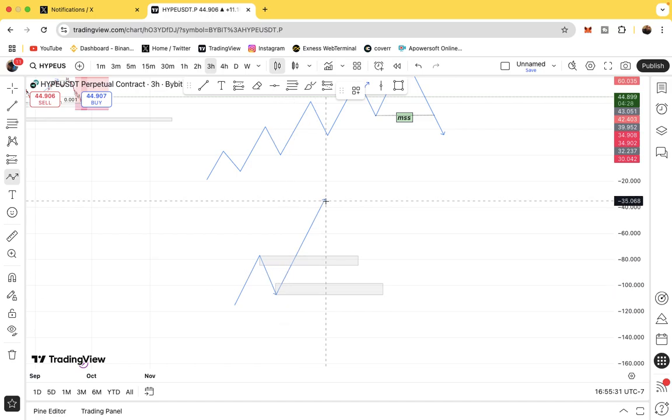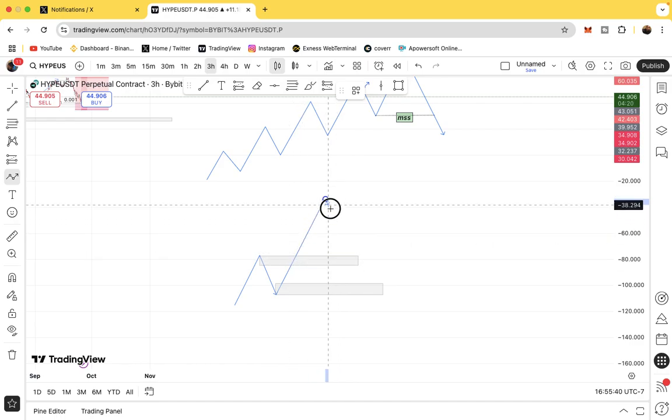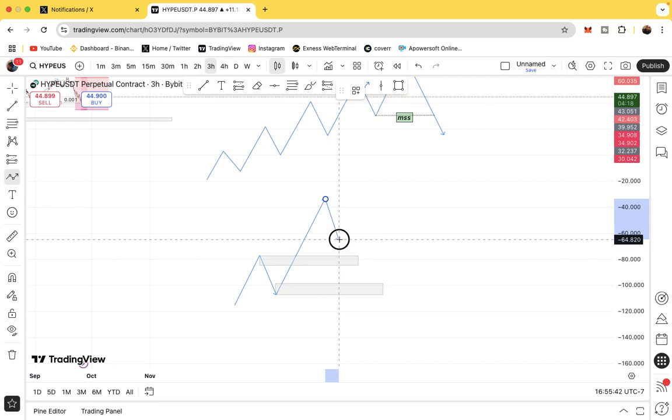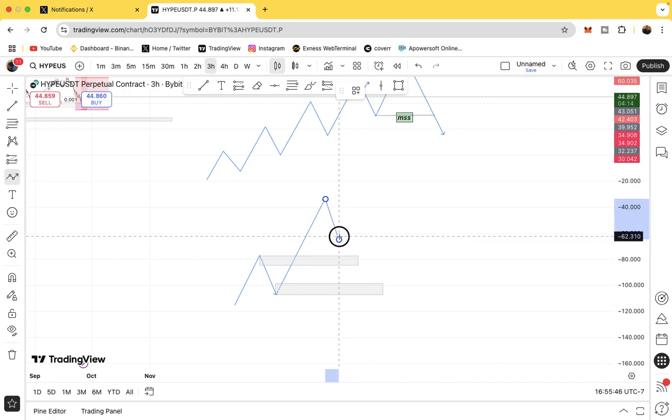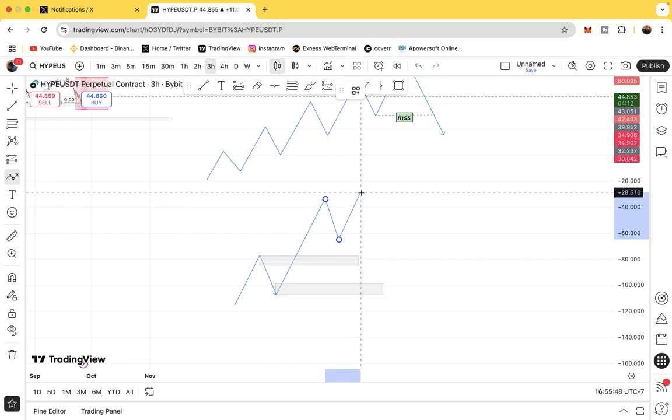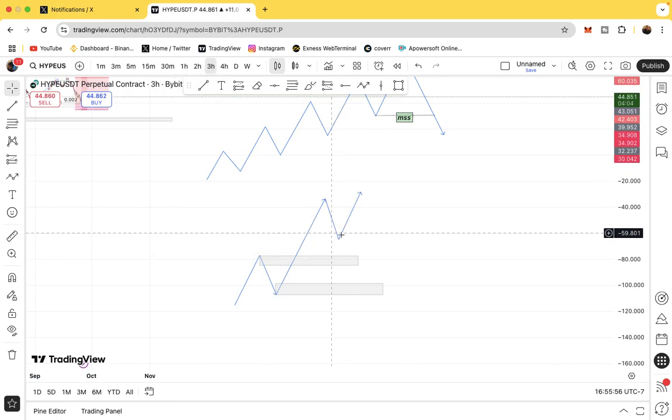After the break in market structure, the first retracement is your inducement liquidity.